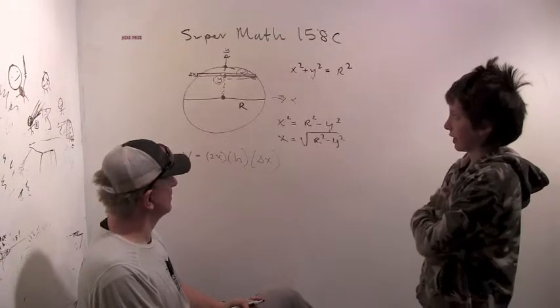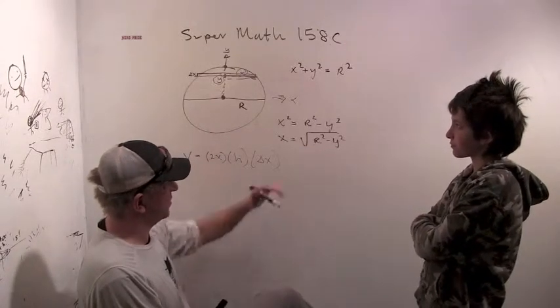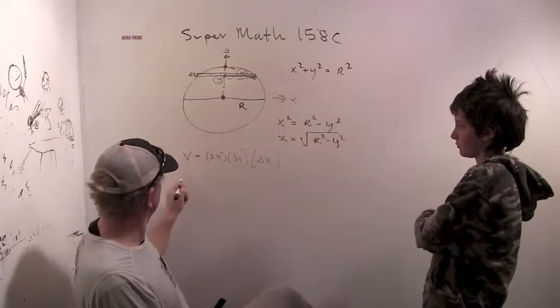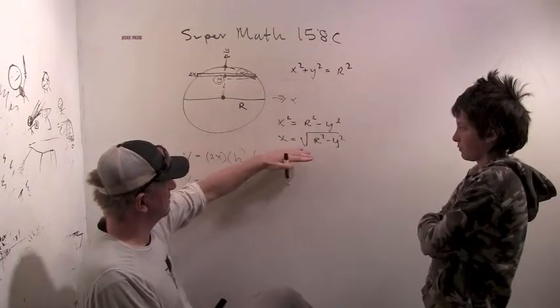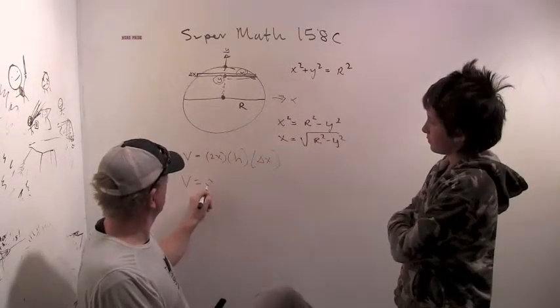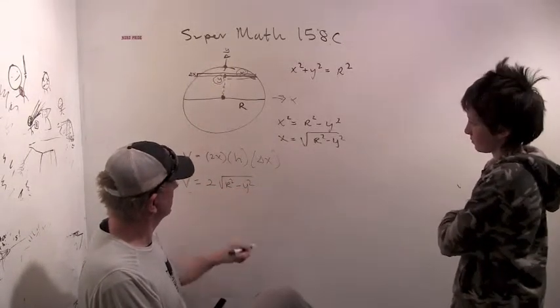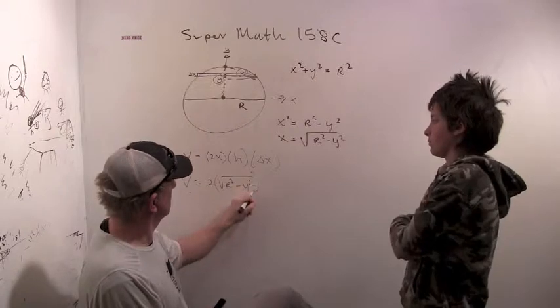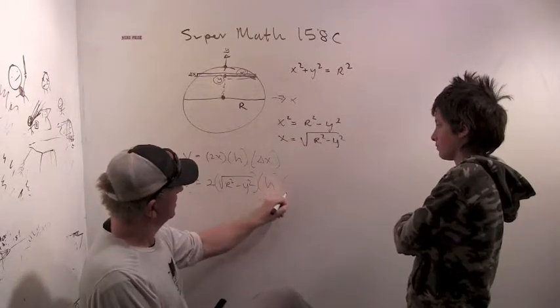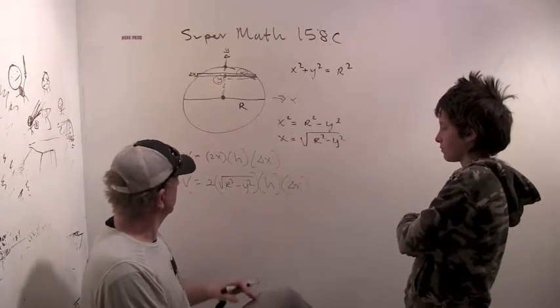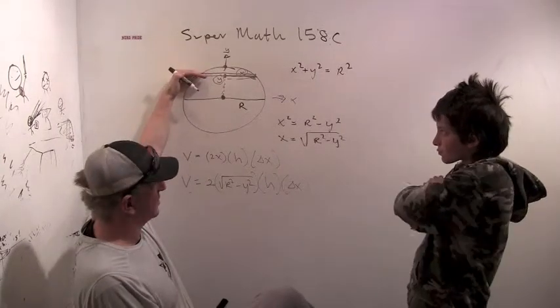Yeah, it's only the 2x that varies. And we just wrote down an expression for x. So we have 2 times the square root of r squared minus y squared times the height times the width. That's the volume of one of the rectangles.